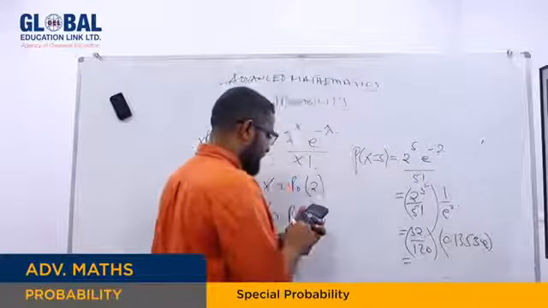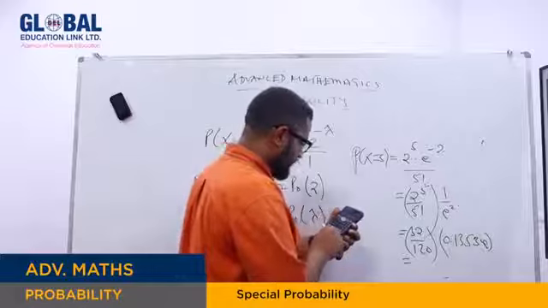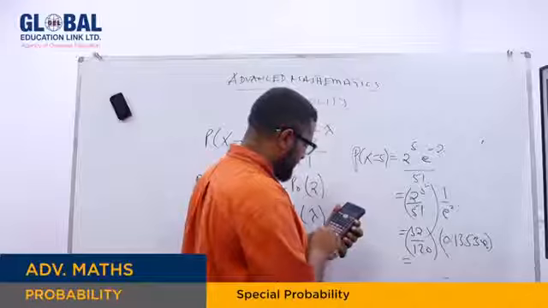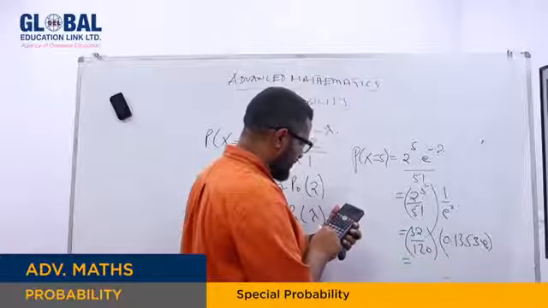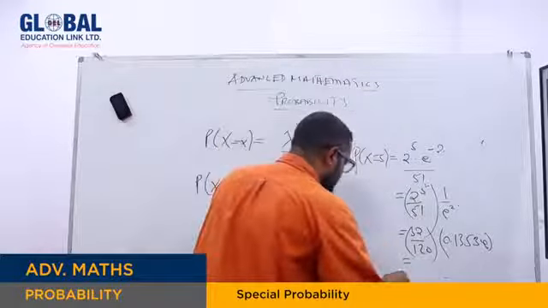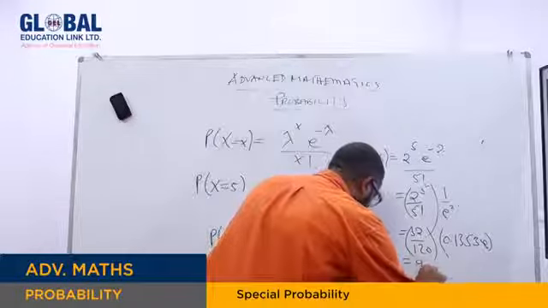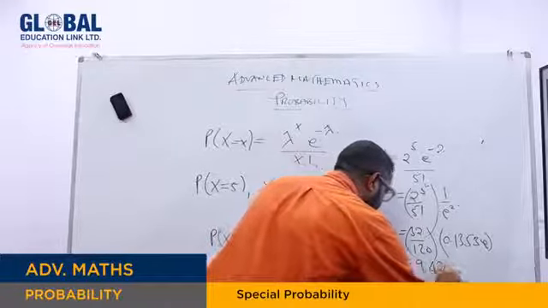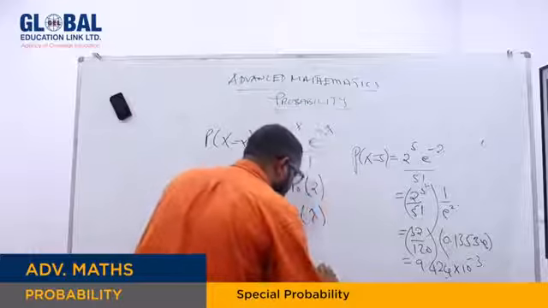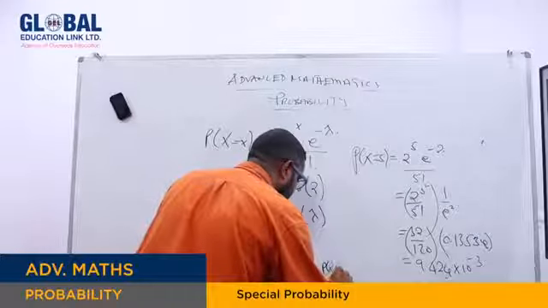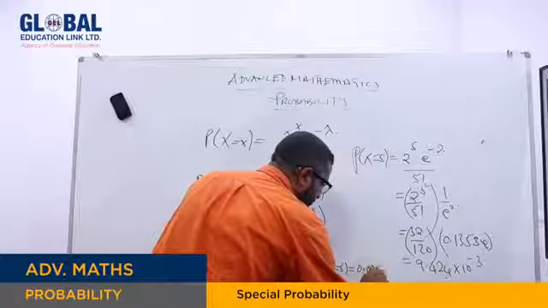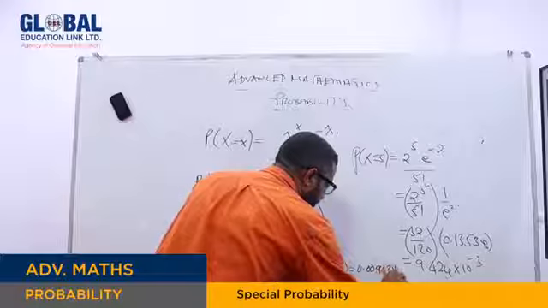Then let's simplify. 32 divided by 120 is 0.266 multiplied by 0.13534. So you'll get 9.424 times 10 to the power negative 3, which may simply be written as probability of x equal to 5 is 0.00944.